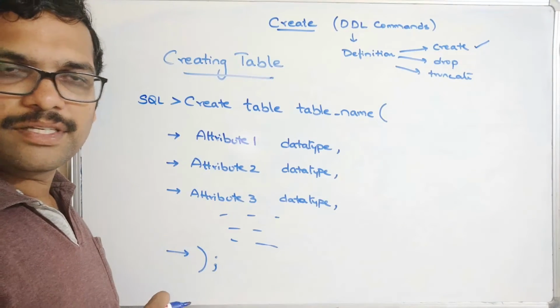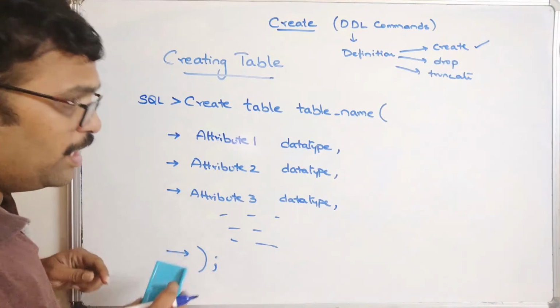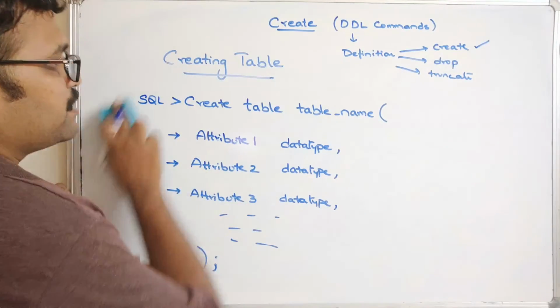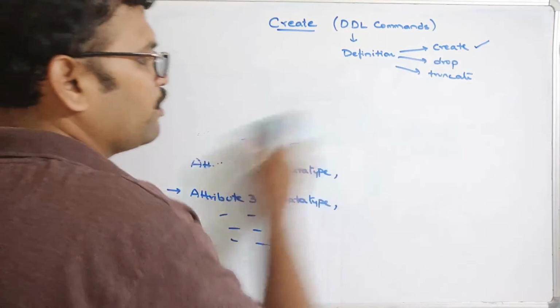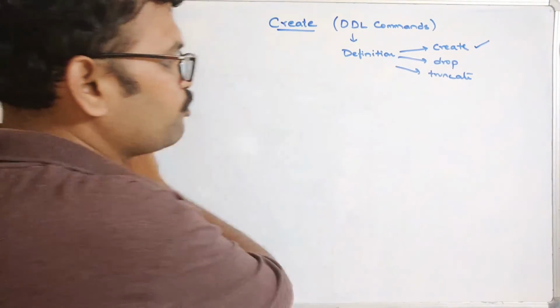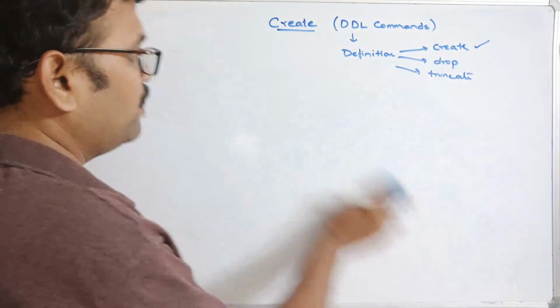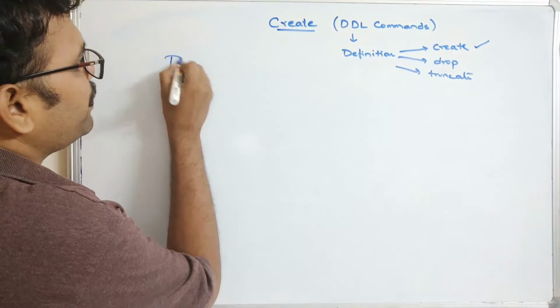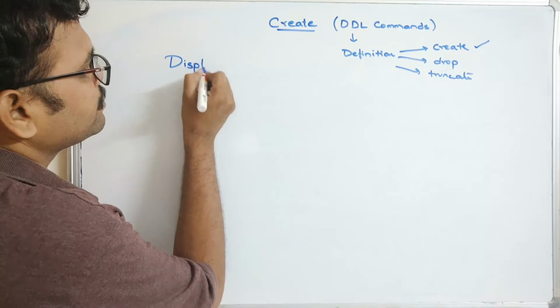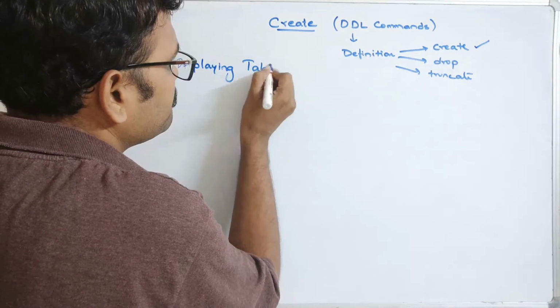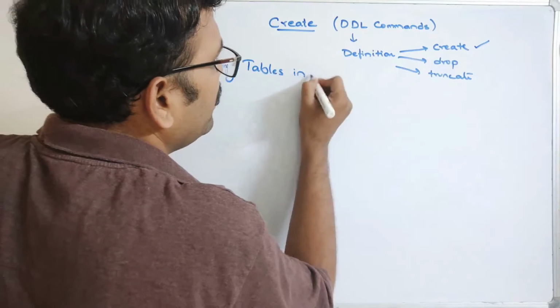Now, if you want to look at what tables are available in the database, I will execute the same query in the MySQL command line, don't worry. I will show everything in a practical. Displaying tables in database.